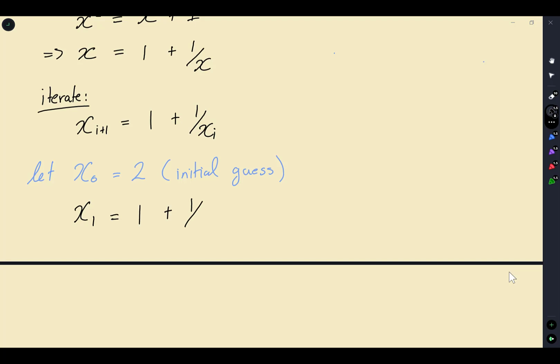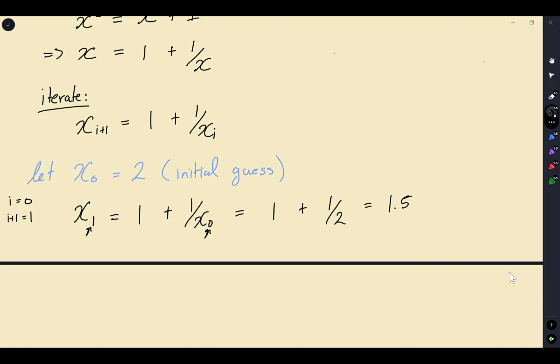Let's just say here i equals 0, so that i plus 1 is equal to 1. That's why I have a 1 here, and that's why we have x naught here. And x naught in this case is the initial guess. So it equals 1 plus 1 divided by 2, which is equal to 1.5.